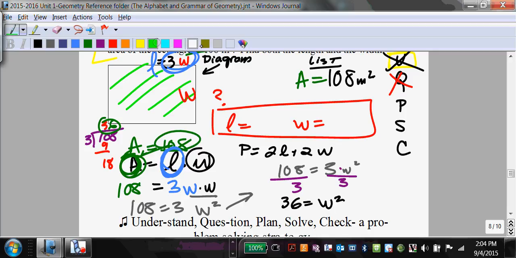Opposite of squaring, square rooting, so W equals 6. And 3 times W, out loud? And then we're getting there. So here we have 6, here we have 18. Now, if we wanted to do a check, since we have area, you would simply do 18 times 6 and see if you smack 108, which you do.